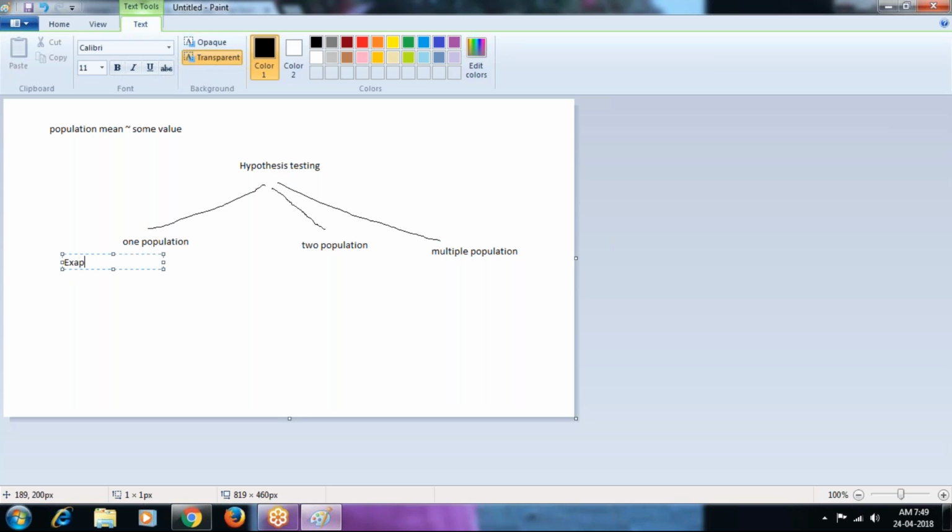So when we consider one population, what kind of examples can I give? Example one. When we apply this to any business analytics problem related to the retail market or banking domain or any industry, we try to find out whether the decision is around a single mean or not.